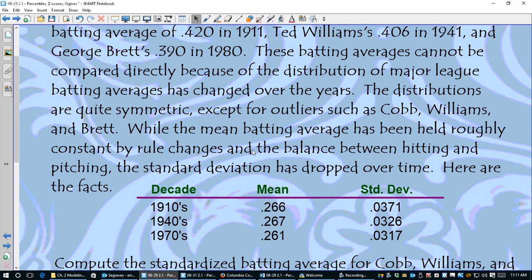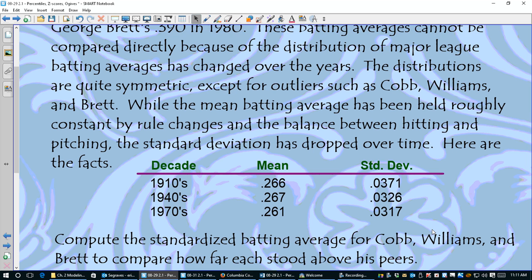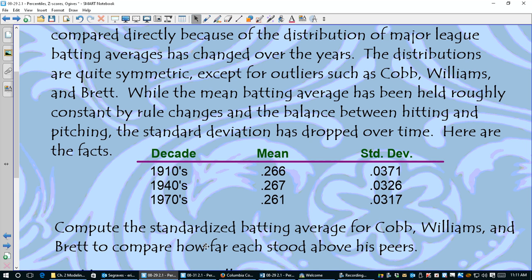We have to compare against the distribution of that time period. Here are the 3 different means and the 3 different standard deviations based on the decades they were in. We're going to calculate the z-scores so that we can standardize and compare how far they stood above their peers, and compare them to each other.